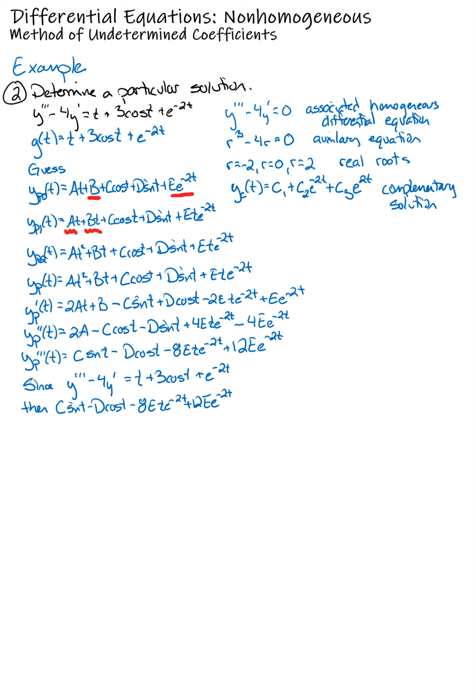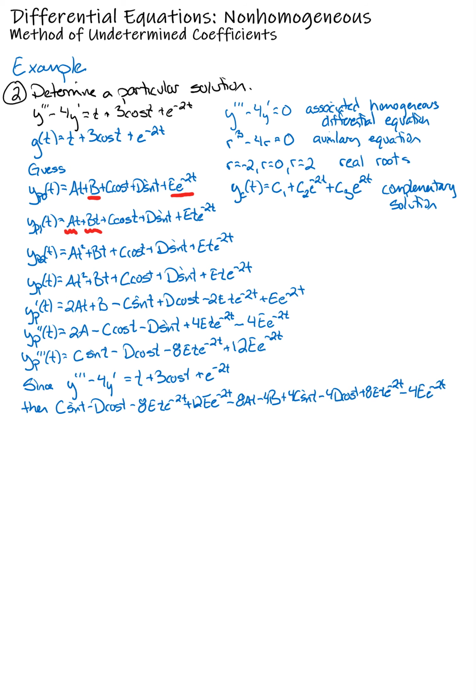So 4 times y prime gives us minus 8at minus 4b plus 4c sine t minus 4d cosine t plus 8et e to the negative 2t minus 4e e to the negative 2t.